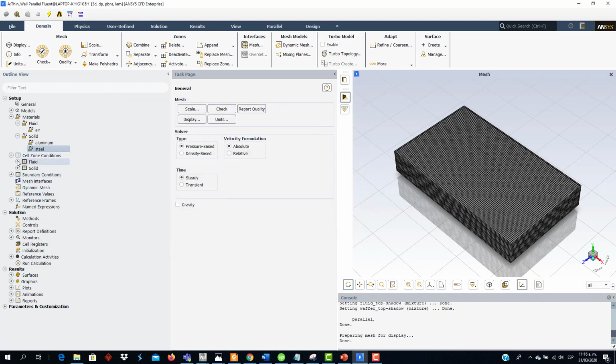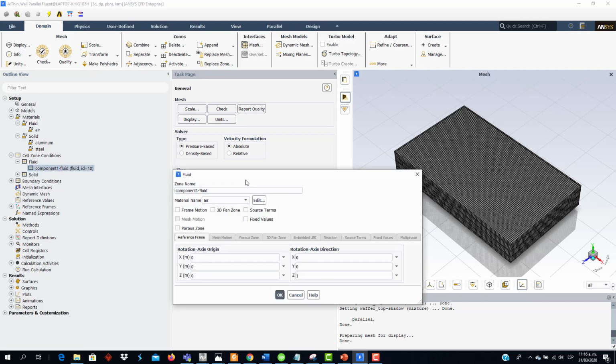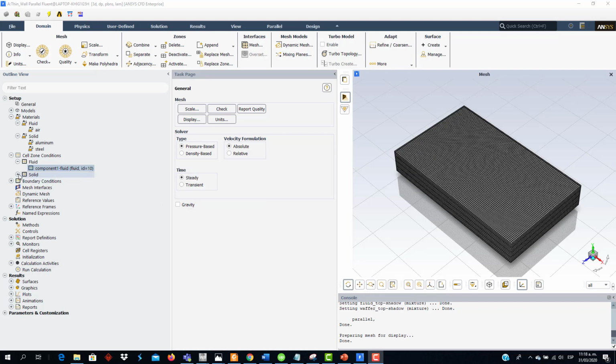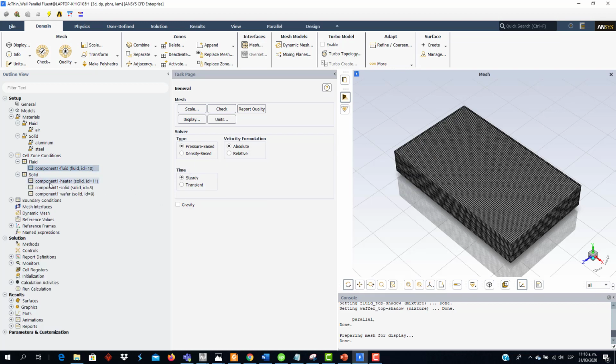Then we have one fluid zone that is defined as air. Also, we have three solid cell zones. The first one is the heater, and we have also the intermediate solid that is called wafer, and we have the upper solid, as we showed you in the geometry section and in the meshing section.